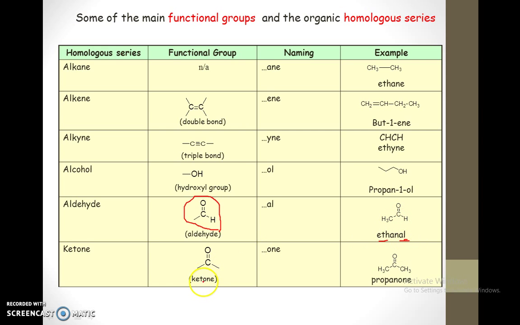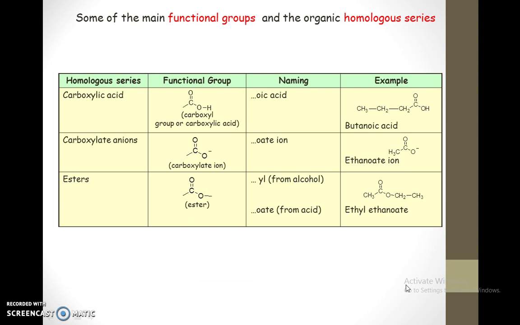Okay, another example is ketone. For example, propanone. Another example here, carboxylic acid, the functional group is carboxyl. For example, butanoic acid, but refers to the 4 carbons, 1 2 3 4.